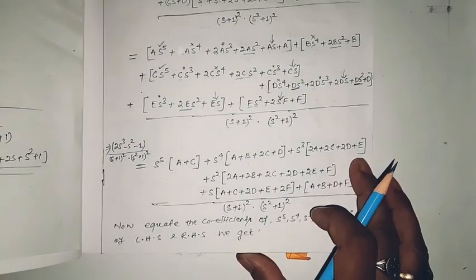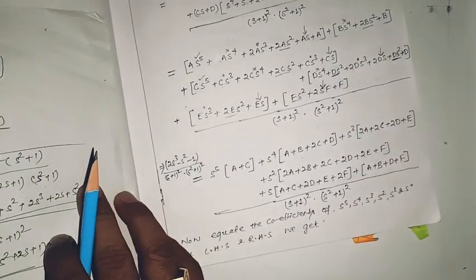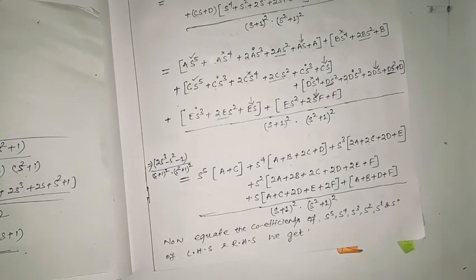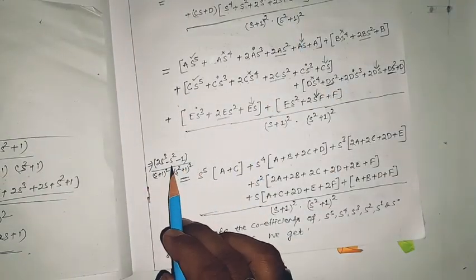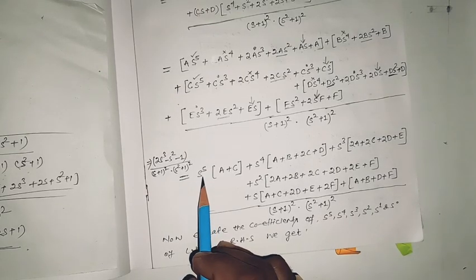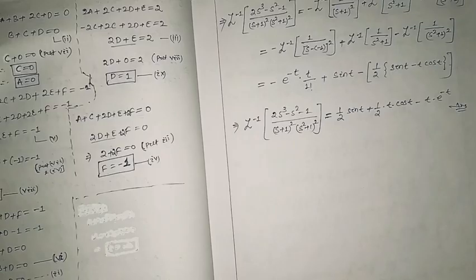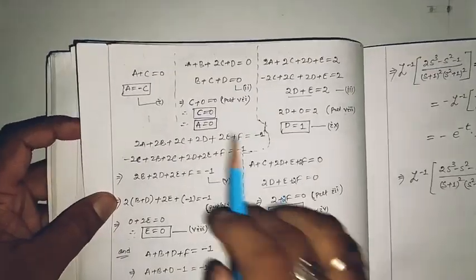If I equate, then we can find a plus c will be 0, because you can see in your denominator there is no s to the power 5 term available. So the s to the 5 coefficient is your a plus c, so a plus c will be equal to 0. Here I have written a plus c equal to 0.